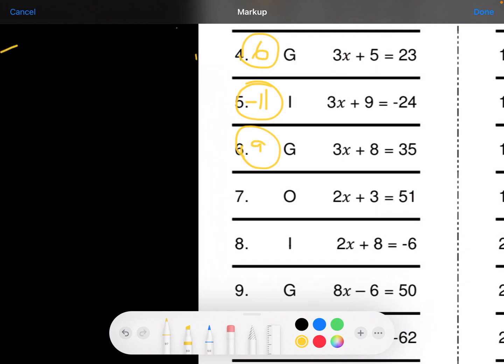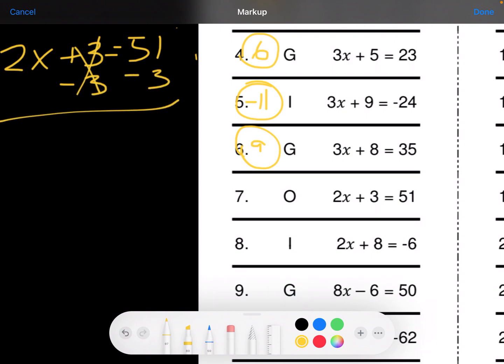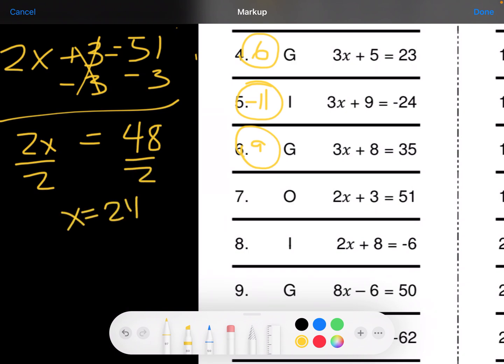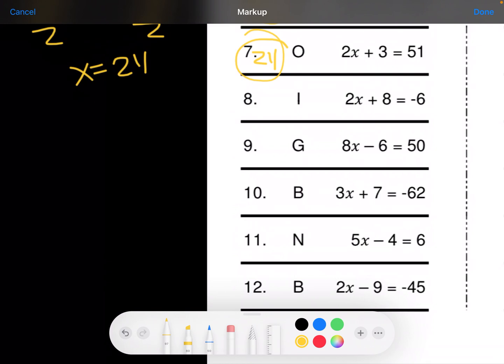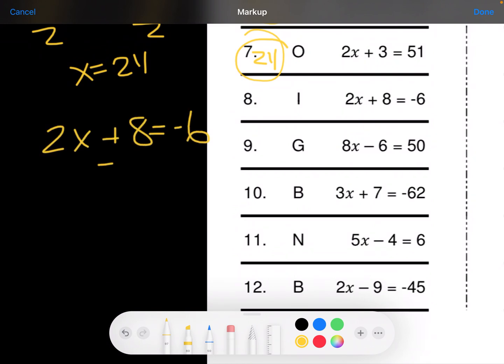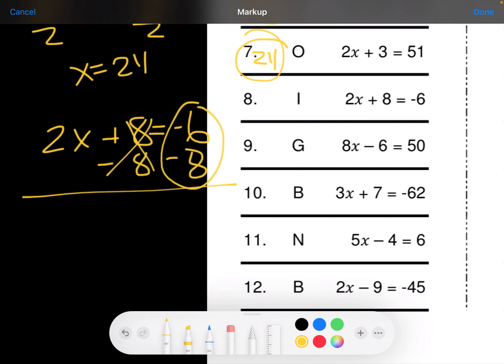2x plus 3 equals 51. Alright, so we end up with 2x plus 8 equals negative 6. Signs are the same, so I'm going to add.